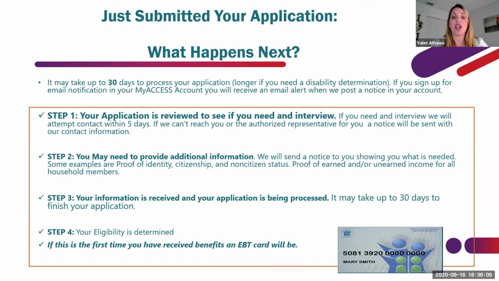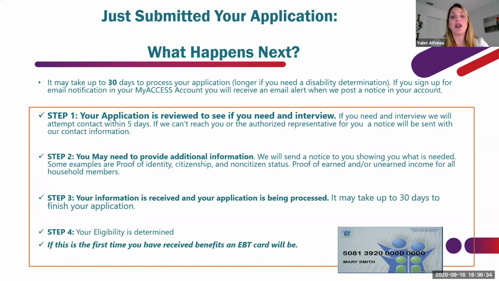So you can keep checking the case status through the MyAccess account. Once everything is received, we get the interview, we get the documentation, we will complete the application, and eligibility will be determined. So if you're applying for the first time for food assistance, for example, make sure you provide us a good address, because we're going to be sending out the EBT card.